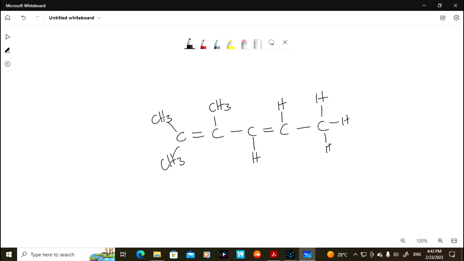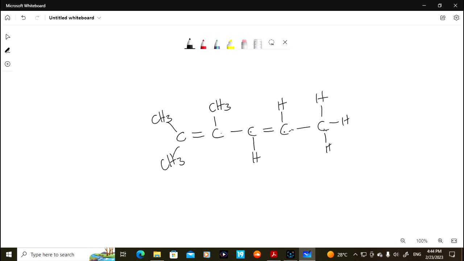We can count from this one: 1, 2, 3, 4, 5, 6. Okay, so if I start by this one, 1, 2 is on carbon number 2 of our double bond. If I start with this one, it is 1, 2 still, right? But which one are we going to take? Are we going to take this as number 2, or this as number 2?